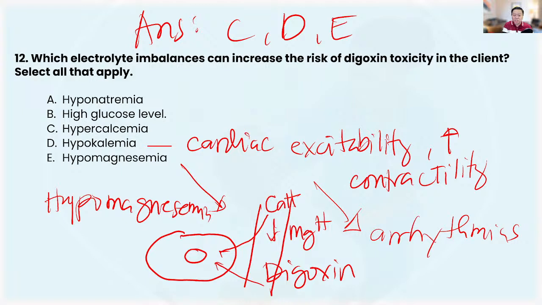The migration of those calcium ions inside the cells will lead into arrhythmias as well.